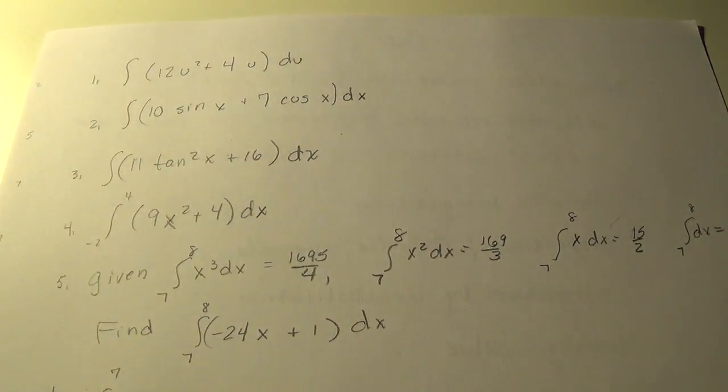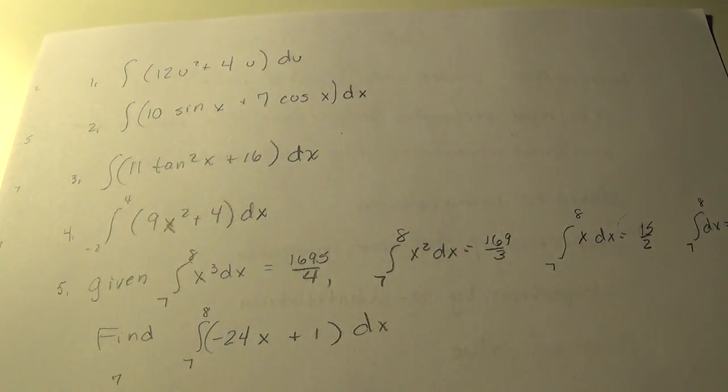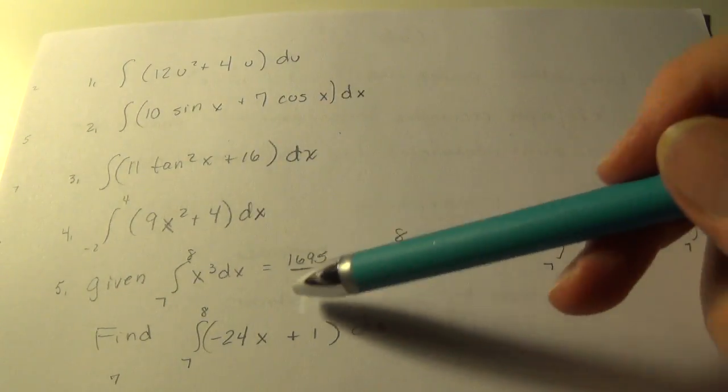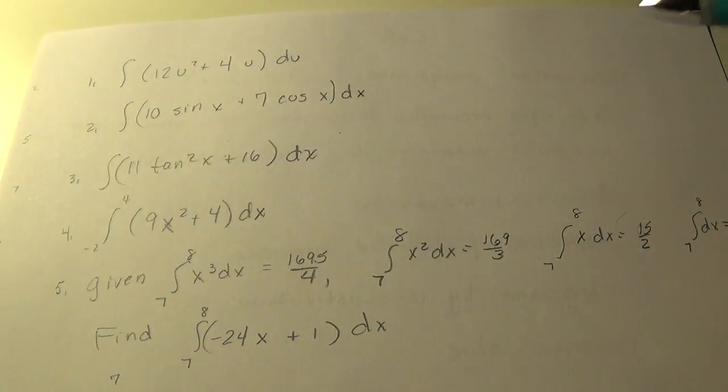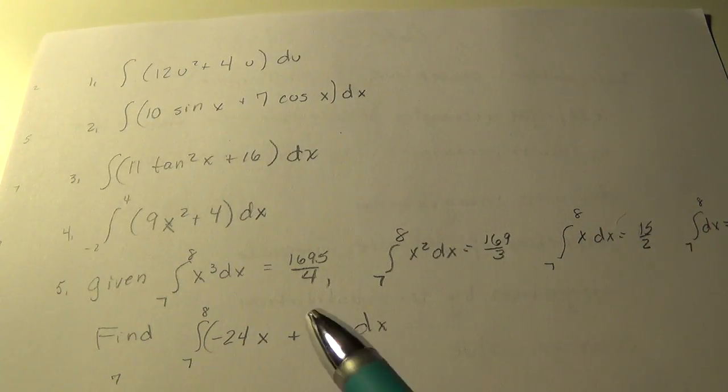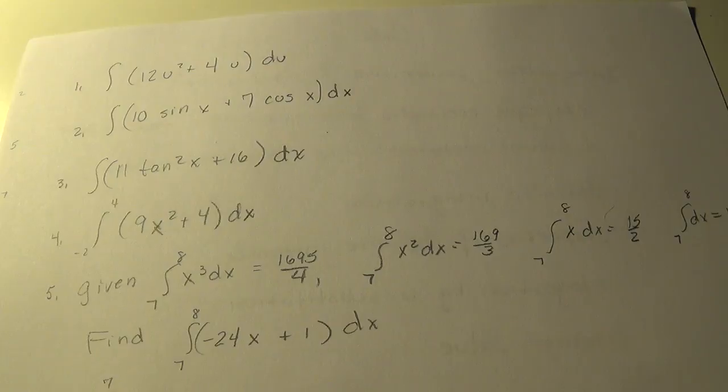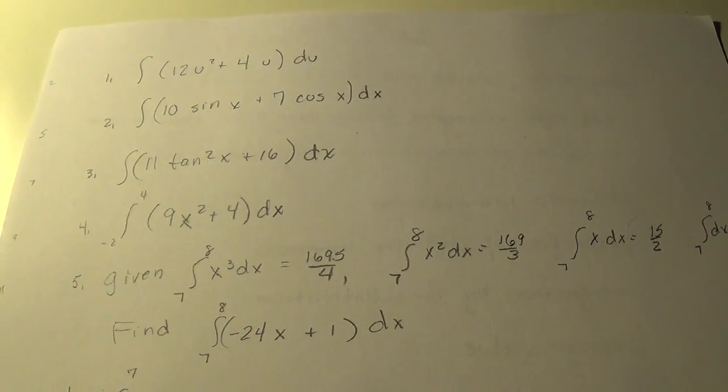So if you know all those, how can you use all of these to find this integral? I want you to use properties of integrals there on number 5.